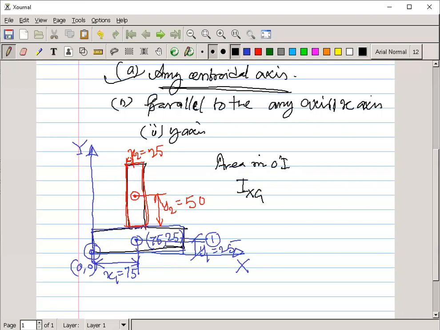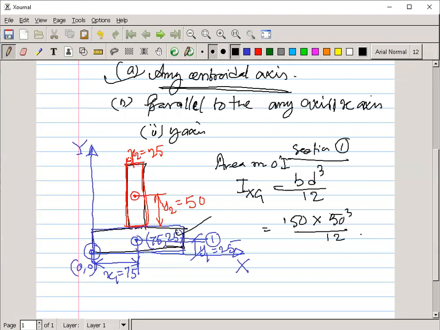Centroidal axis means always the same formula, b d cube by 12. So b is 150 into d is 50 cube by 12. This is for section 1.